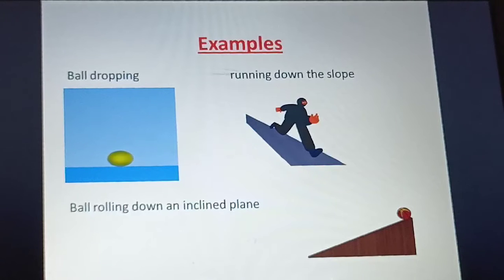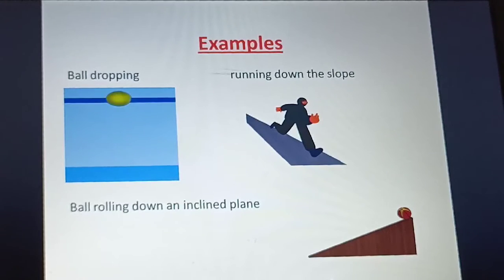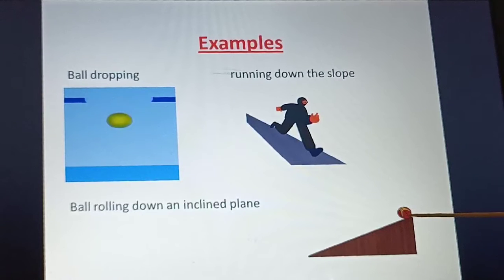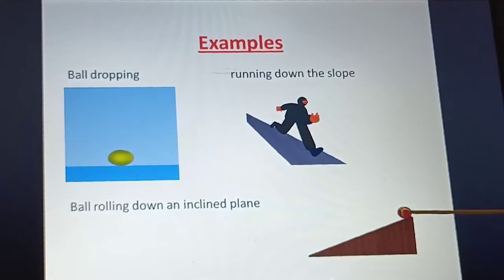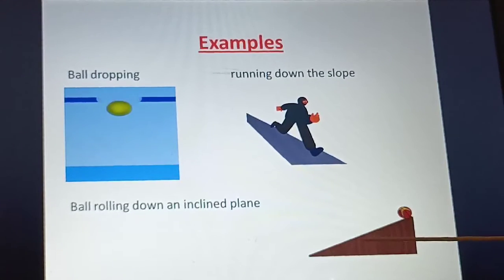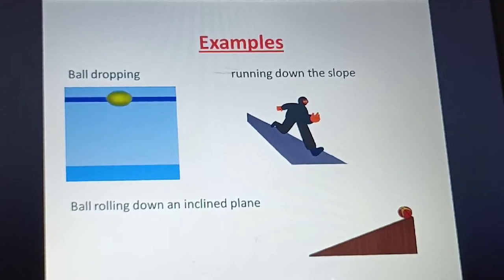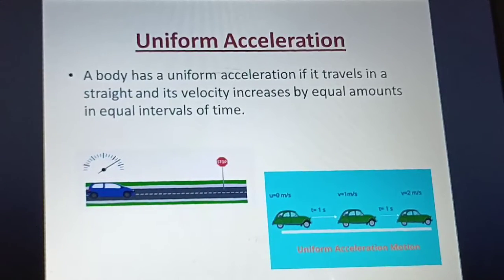Gradually, its velocity is increasing. So here also velocity is changing at a uniform rate, it is not non-uniform. In the third one, the ball is moving on a slope. From a stationary position, just leave the ball, and as it goes down, the velocity increases at a uniform rate. So that is what uniform acceleration is.